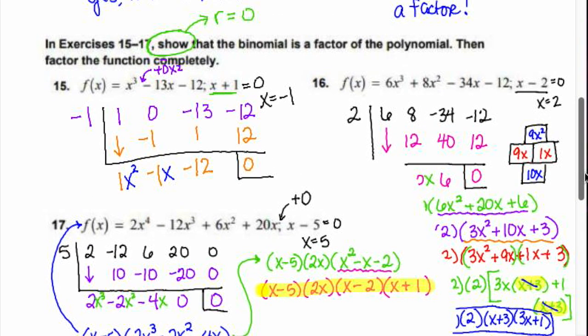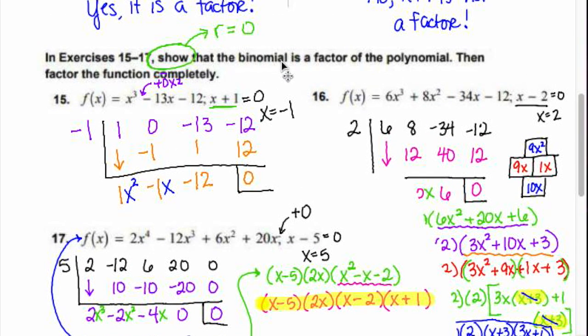Versus the instructions down here say show that it is a factor of the polynomial. That means you've got to show me that the remainder is 0. Show that it actually shows up as a factor when you go through and do the work. So a little difference in the directions there, just make sure you understand the difference between the two. Other than that, hopefully all of this made sense. You guys let me know what questions you have.